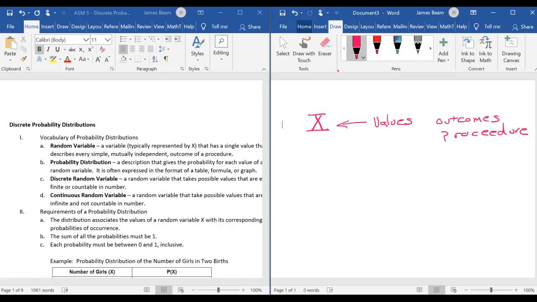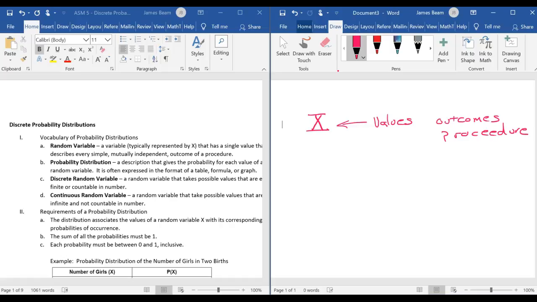Or you have a baseball game, right? And the number of outs that a pitcher gets before he has to leave the game is usually between like 1 and 27. So these are values that can go into this random variable.